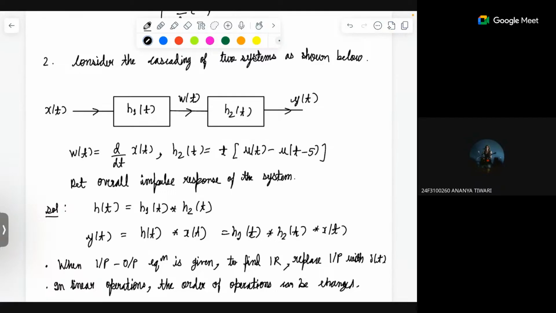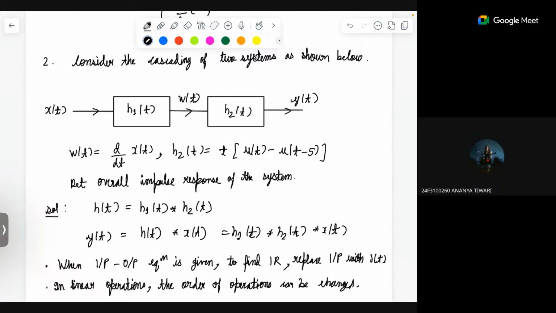Ma'am, here h1 of t would be delta t, right? Because, sorry, differentiation. What will h1(t) be? Differentiation, because w(t) is x(t) getting differentiated, that's why we got w(t) as the differentiation of x(t).